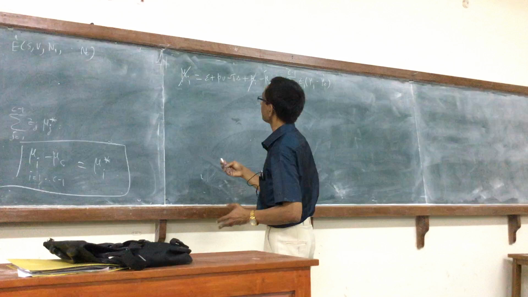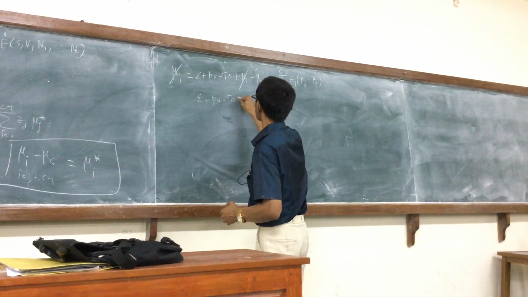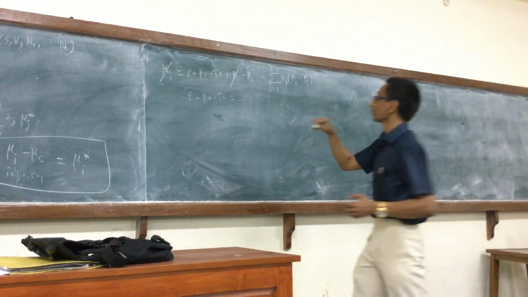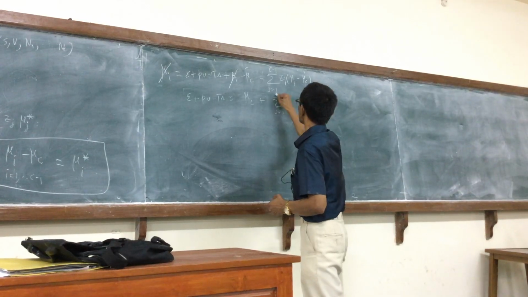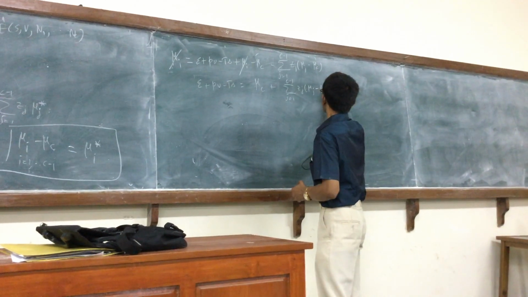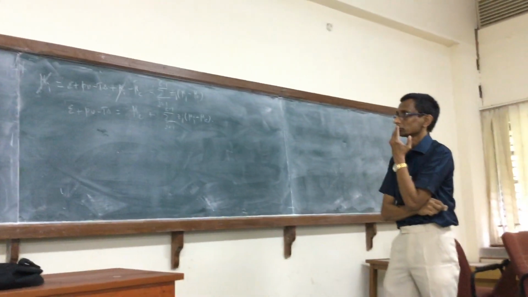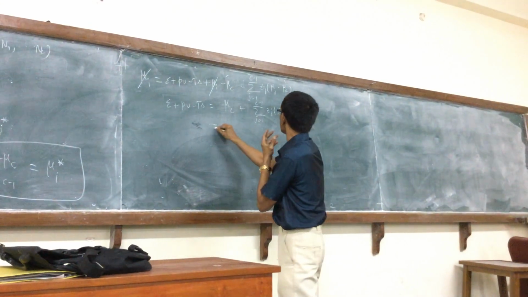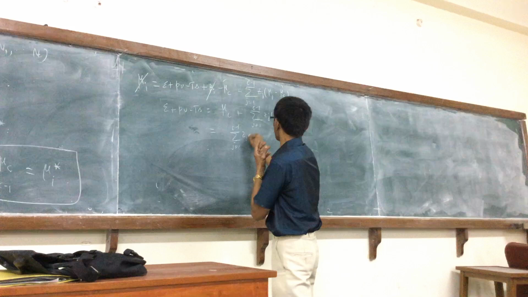If I now write E plus PV minus PS is equal to what, I have to take everything to the other side. This would be mu c plus the sum over j from 1 to c minus 1. So now I can see that this is equal to the sum over j equal to 1 to c minus 1.